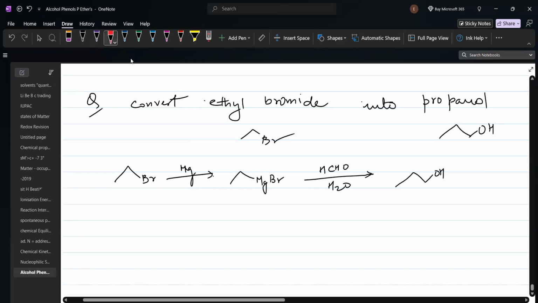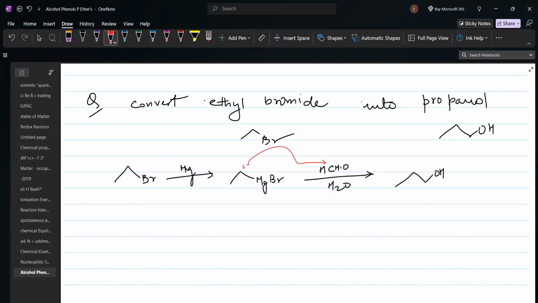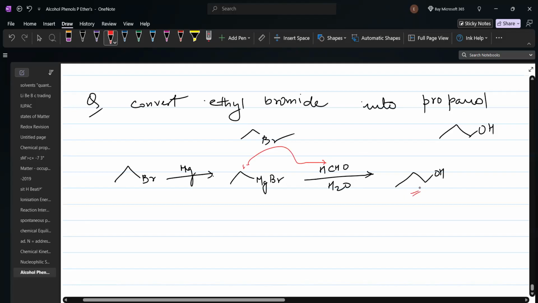How did it become the final product? This one is having partial negative charge. It will attack on this carbon, and this C=O bond will break and COH bond will form. Means aldehyde will become alcohol, and this one will be getting attached. So that is why this is the final product. Yes or no? Yes. And this question is from NCERT, so please note it down.